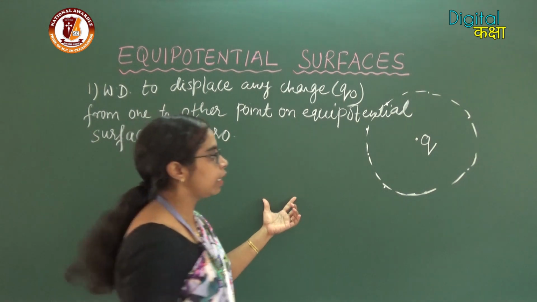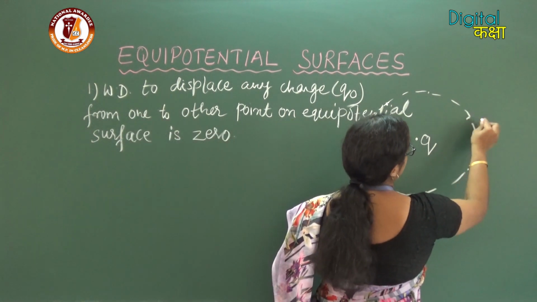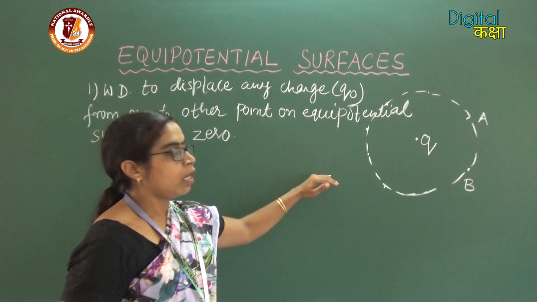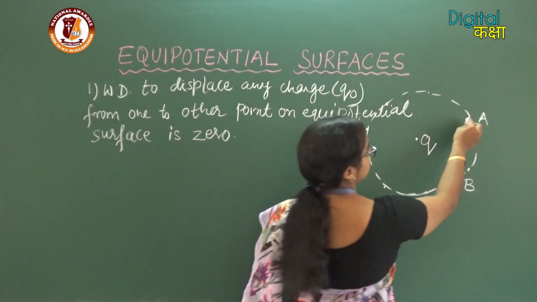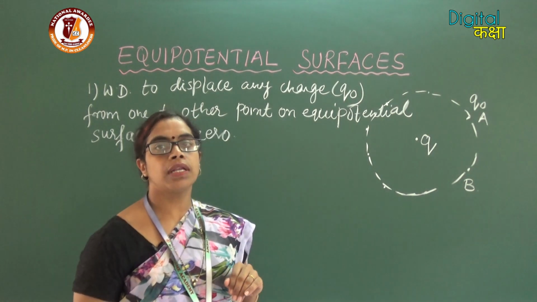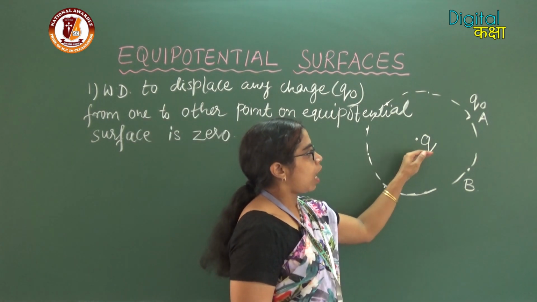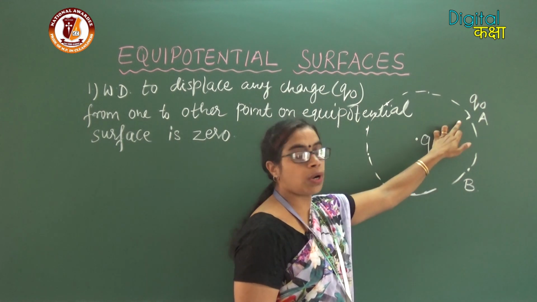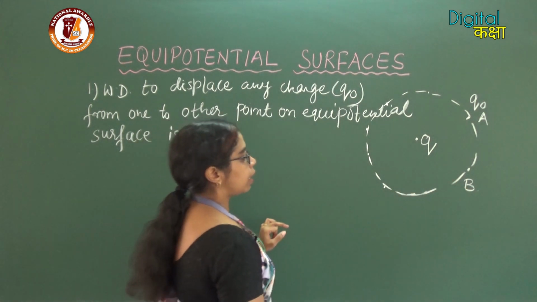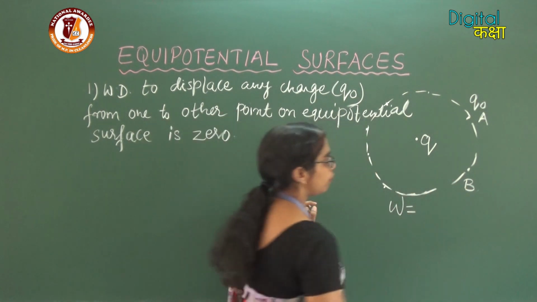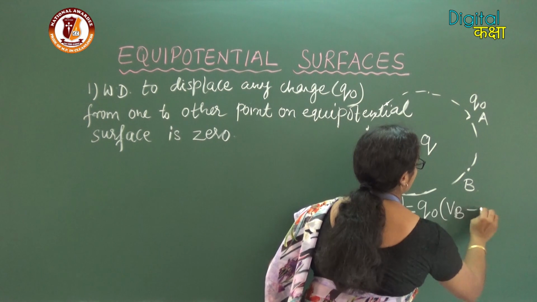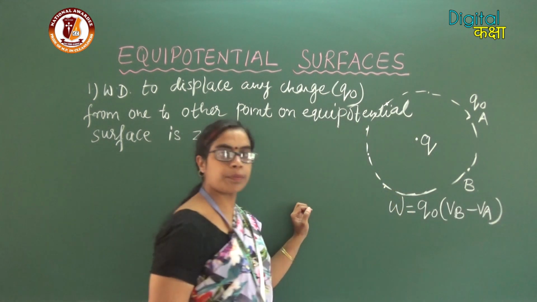Let us understand that. Here, let us take the 2 points A and B. Let us consider a charge Q naught, which is kept at point A. Now when I have to displace the charge Q naught from point A to point B, the formula for the work done will be given by W is equal to Q naught into VB minus VA.